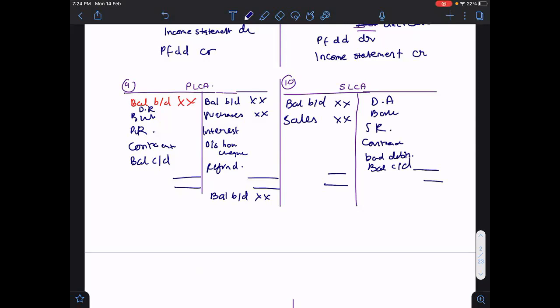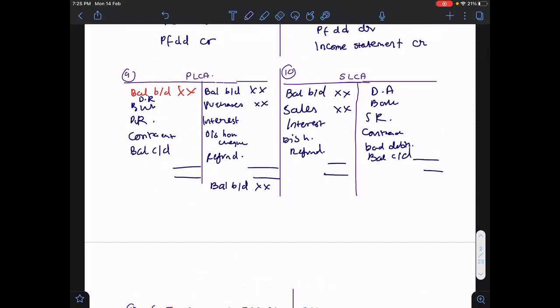SLCA. Balance begin down और sales के नीचे 3 unusual items: interest, dishonored cheque and refund. This account can also have an unusual balance on the other side.